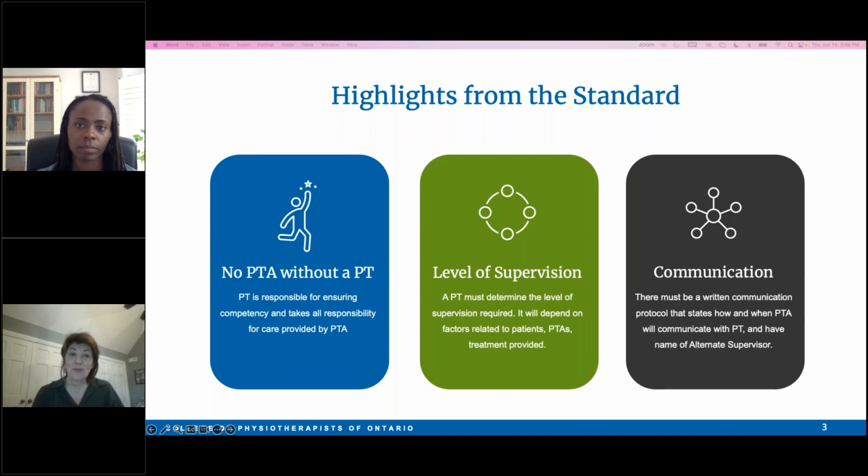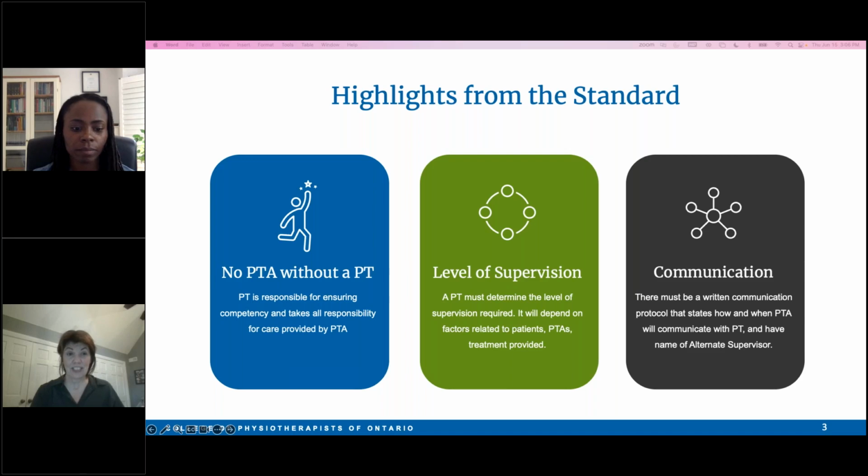The 5th section is about communication. There must be a written communication protocol that states how and when the physiotherapist will communicate with the physiotherapy assistant and the physiotherapy assistant will communicate with the physiotherapist. There needs to be a contact number, and, when appropriate, a contact number for an alternate supervisor.